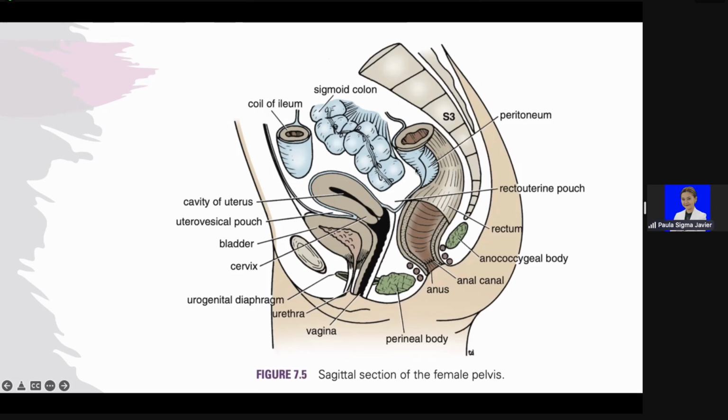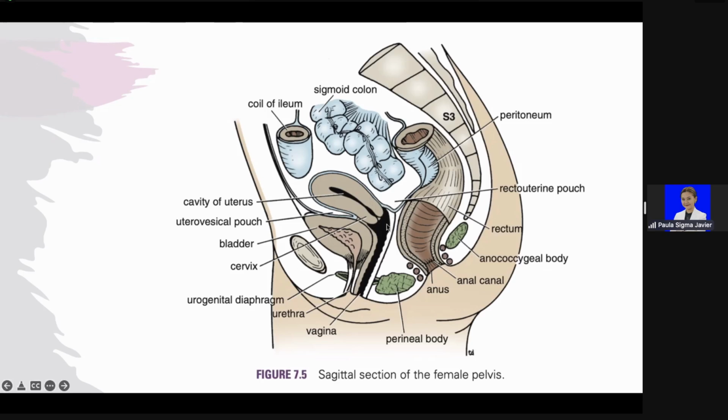So these are just reflections of your peritoneum. Here we have the bladder, the cervix, the supravaginal cervix related to the superior aspect of your bladder, while your vaginal cervix is related to the anterior fornix of your vagina.